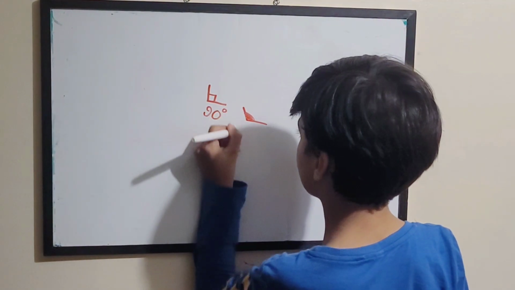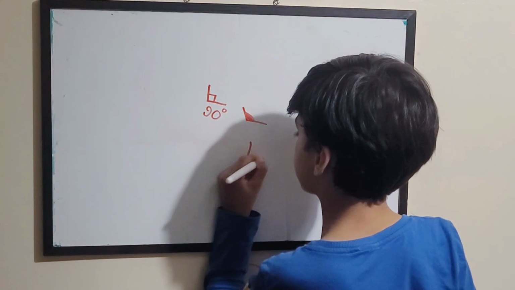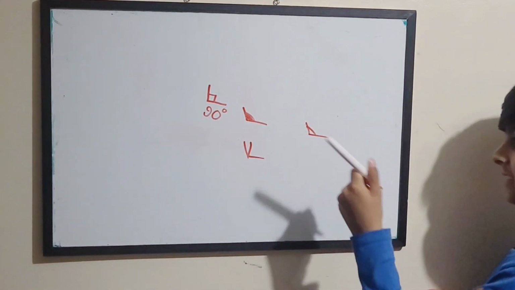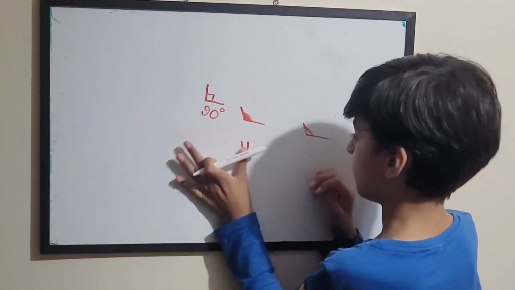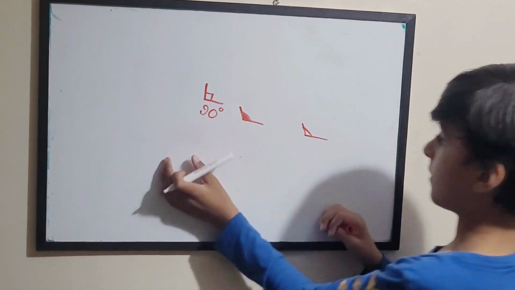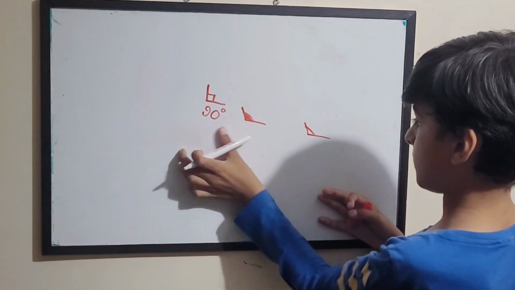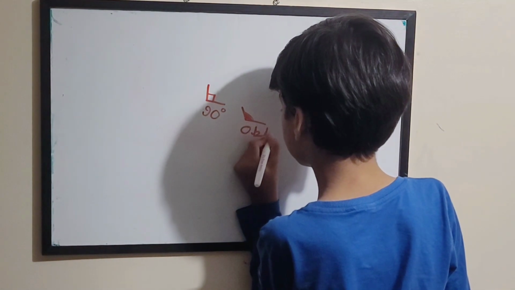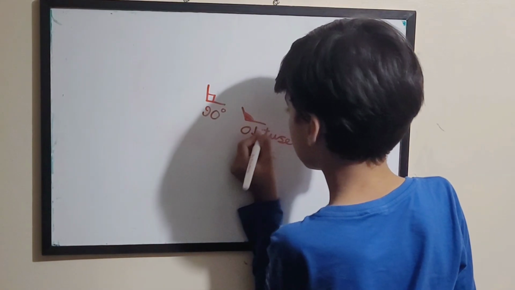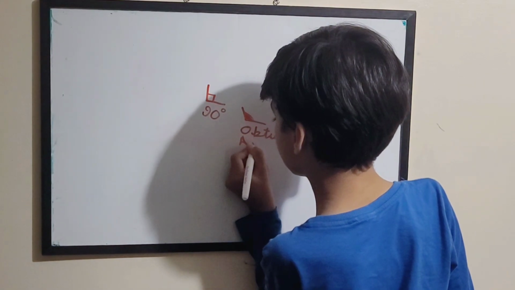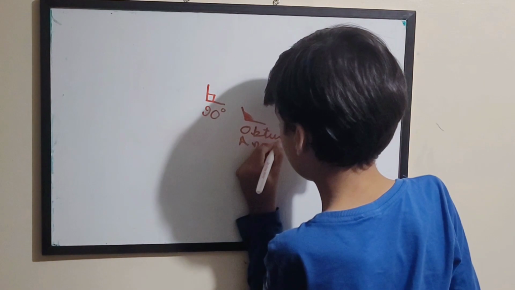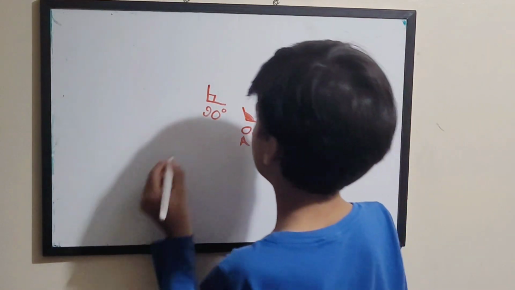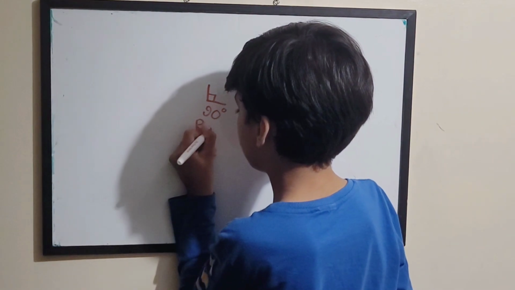So if your angle is more to the left of a right angle, it is an obtuse angle. So this is an obtuse angle. Okay? Now let's write right angle.